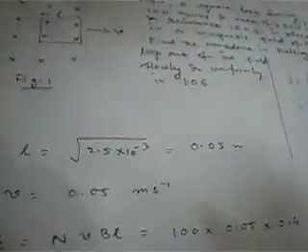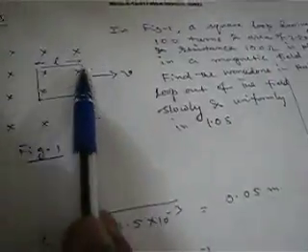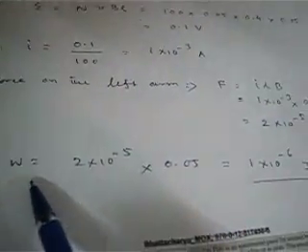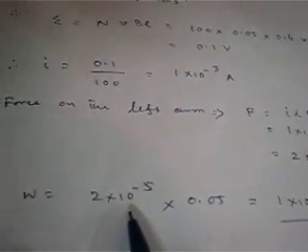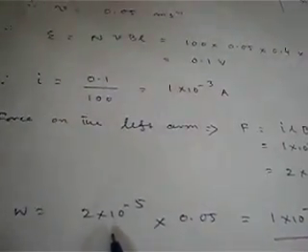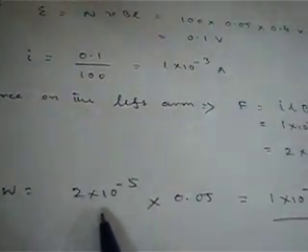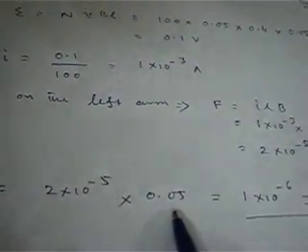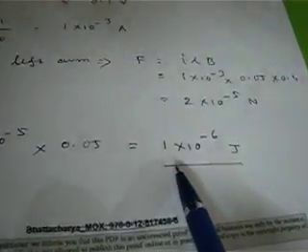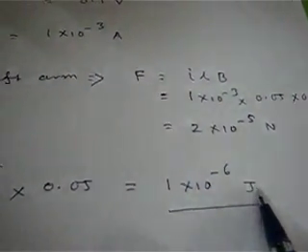So the same amount of force has to be applied to pull out this square loop. And this length is the displacement. So the work done can be calculated from this relation: the force that is applied to pull out the square loop from the magnetic field, into its length, and it is found to be 1 × 10⁻⁶ Joule.